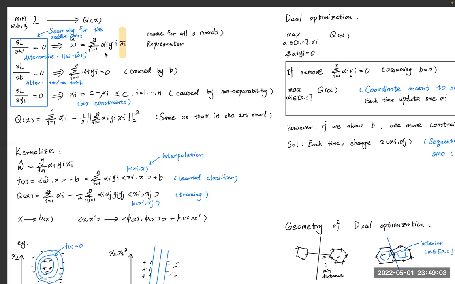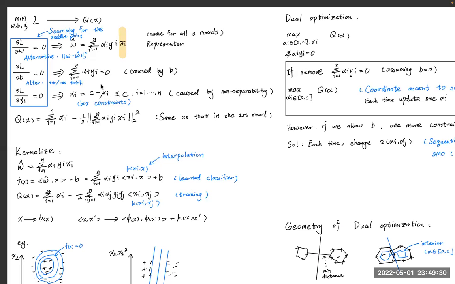And for this one, we argue that if this is not equal to 0, we can make the minimum negative infinity, so it cannot be the solution of a maximum. Similarly, we can use the same argument for this result, that alpha I plus mu I minus C must equal 0.